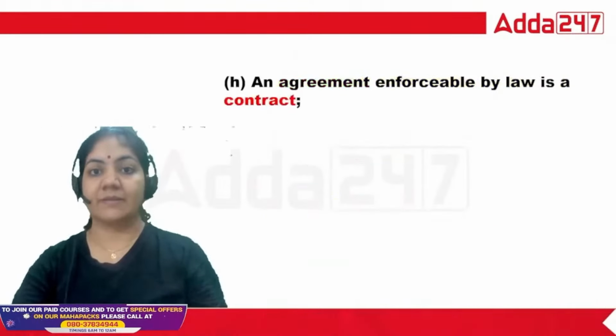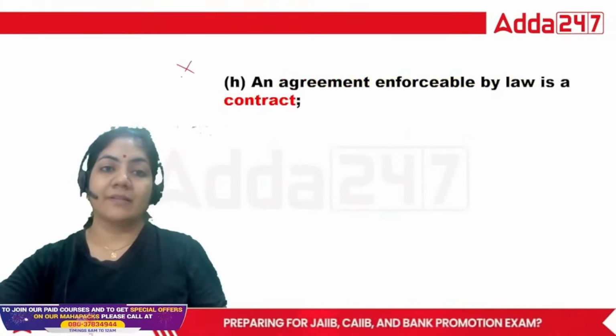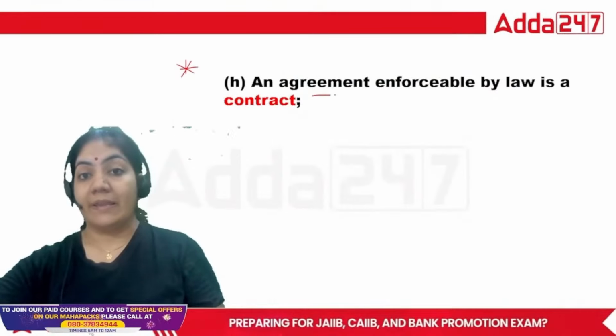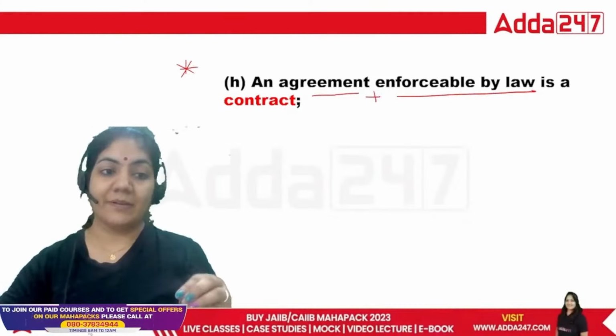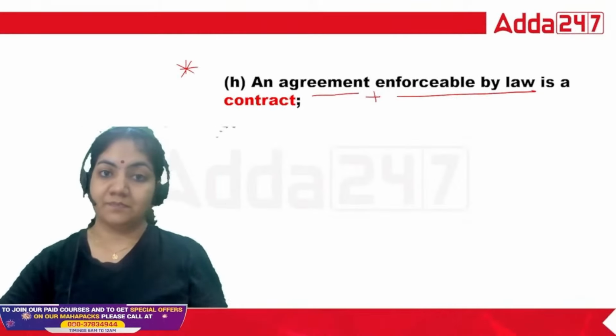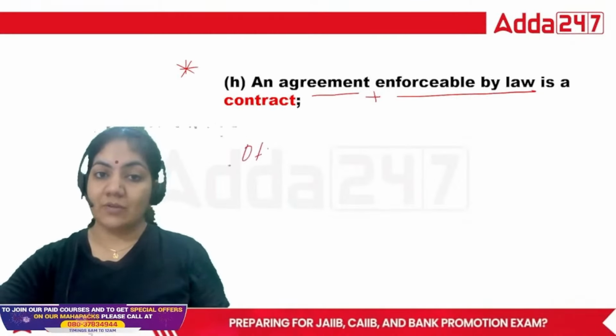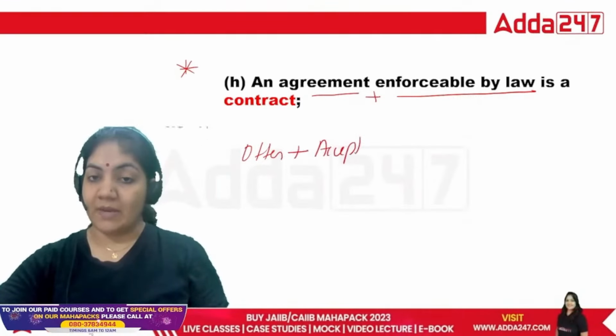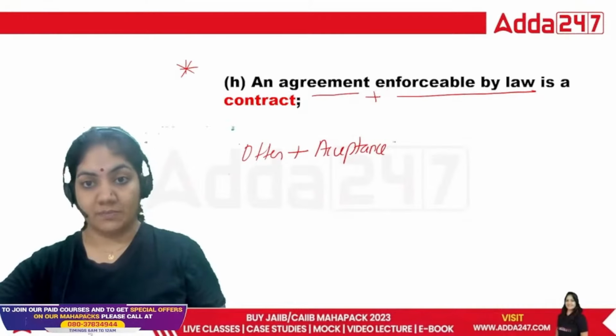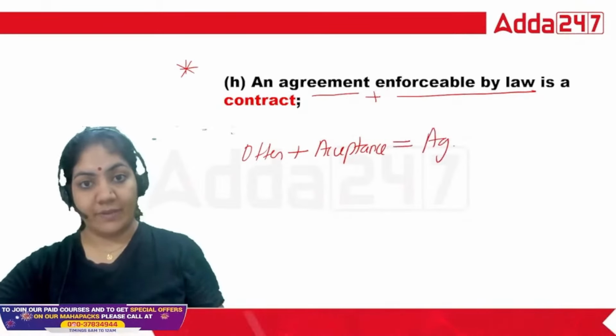Done? Next, what is contract? I think this is the best example: an agreement enforceable by law is simply called a contract. What I have told you: offer plus acceptance. Now I will not write the term promise, that is equal to agreement.